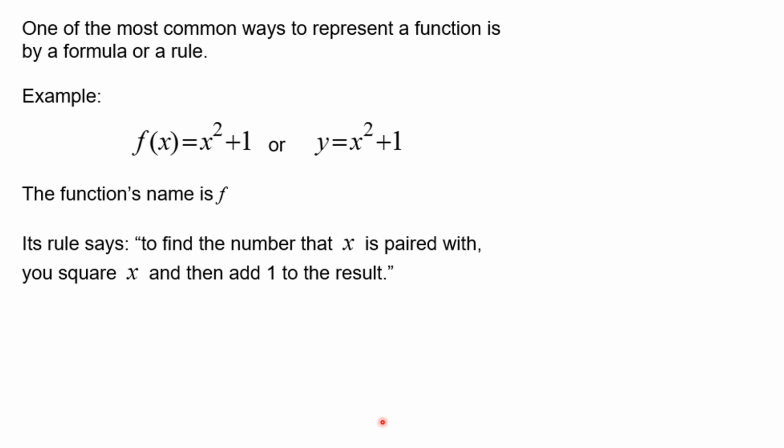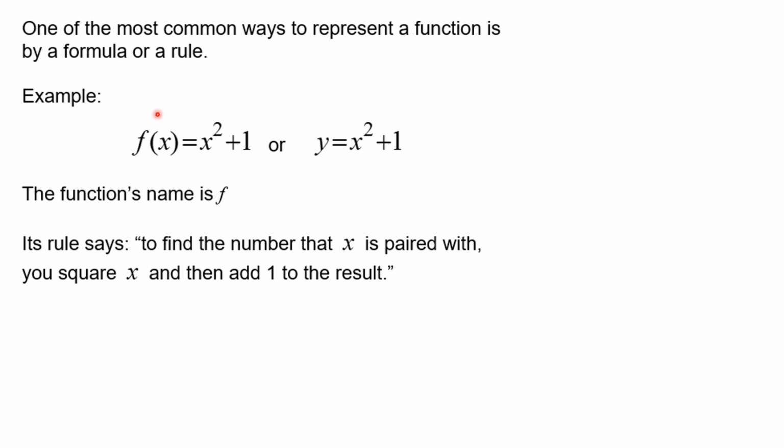One common way to write out a function is with an equation. Notice that this equation is not a straight line, y equals mx plus b, because again, we have something being squared. If you have something being squared in your function, it is not a straight line.